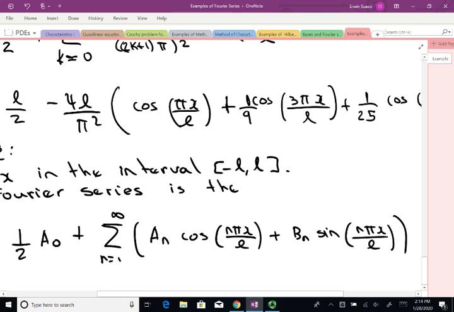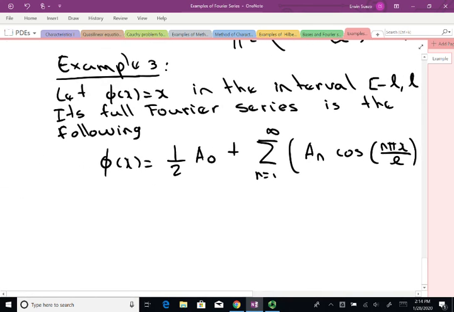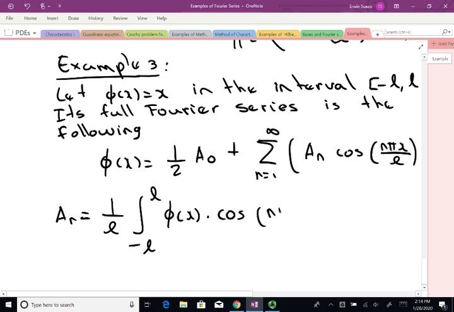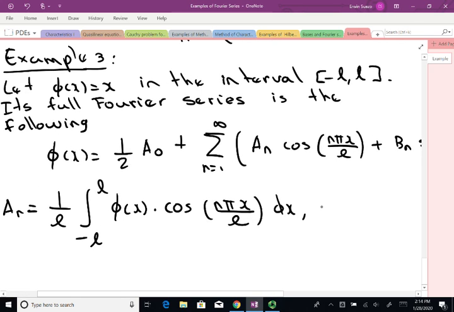Okay, and here we have a_n equals 1 over L integral between minus L and L of phi of x times cosine of n pi x over L dx, for n equals 0, 1, 2, and so on.